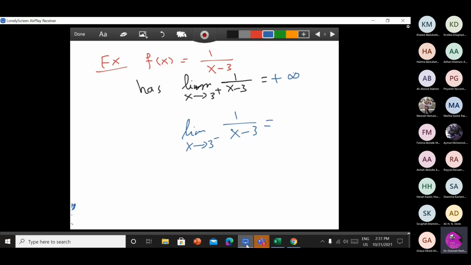How can I write this down? This is going to a very big number, but negative. That means negative infinity. So this one is not equal to this one. So f of x equal to 1 over x minus 3 is not continuous.